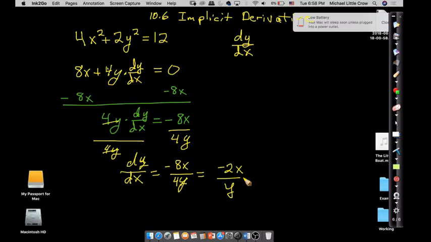Good catch. Seem okay? When you've got x, just take its derivative, just like we've been doing. When you've got y, take its derivative, just like we've been doing, but put that dy dx thing. And then now we've got an equation. We've got to solve it for dy dx. Okay, that's about half of the problems. The other half, there's 5 problems, or maybe 6, they also have a point that they want us to evaluate this at.